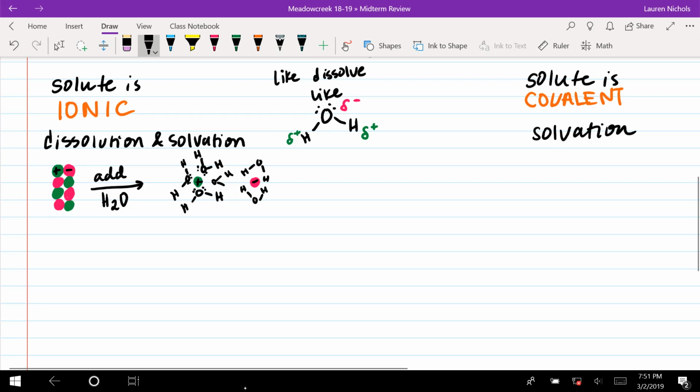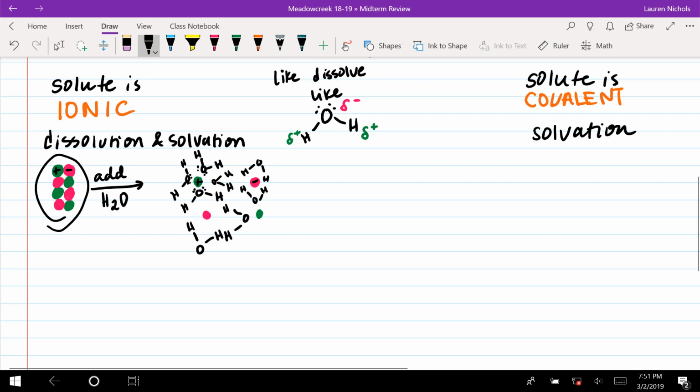We could put another pink one here, another green one here, have some more waters. It just keeps going until every pink and green one is separated and going on its merry little way, being dissolved. That's why it looks like salt disappears, because all of the particles separate so far that you can no longer see them with your eyes.